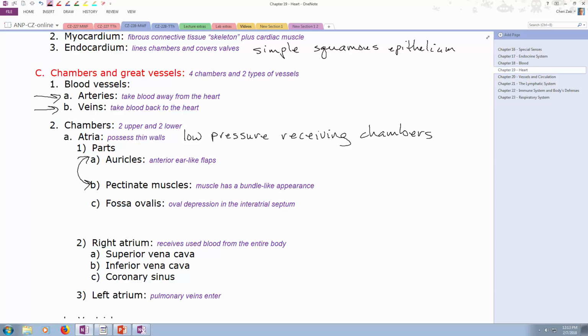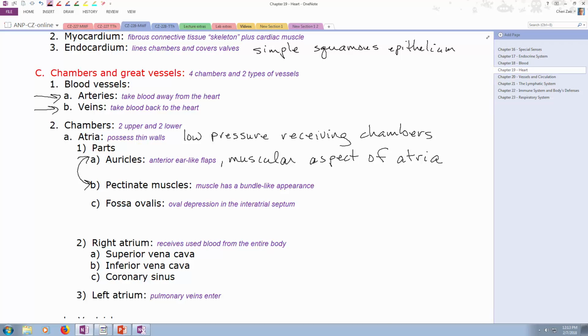And that is the muscle appearance, the bundling of the muscle appearance that are actually inside the auricles. What we have with these auricles, they are actually the only muscular aspect of our atrium, or atria for plural. So that's the only really truly muscular aspect of those.